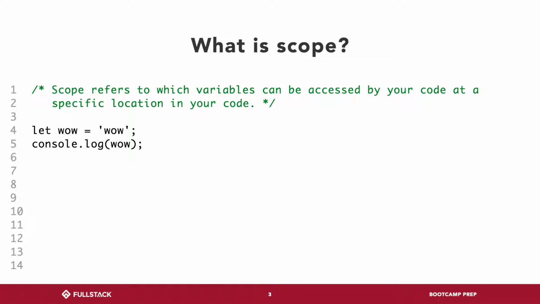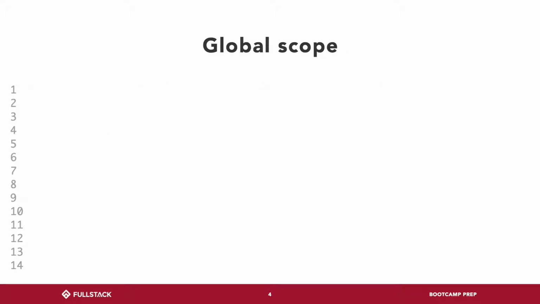Here, you declare your wow variable, and now everything below this can access it. That's basically what this means in terms of accessibility. So we can console log wow, and then we see wow. It's pretty straightforward.